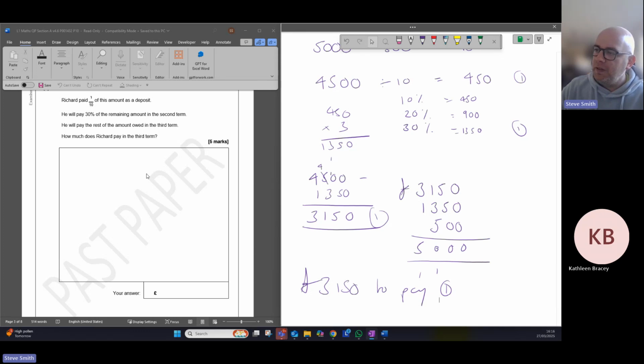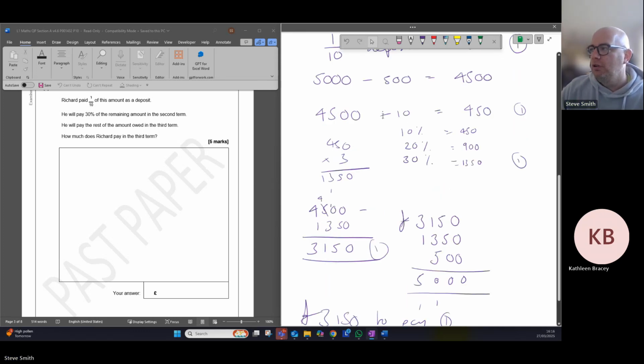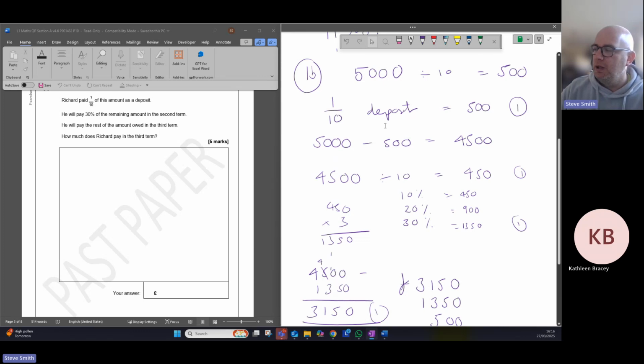So that question is a biggie, but depending on how you broke it down or how much you recognize the process of finding 10%, that question would be either very difficult or relatively straightforward. So it's just timings. Roughly a 5-point question could be about 10 minutes.